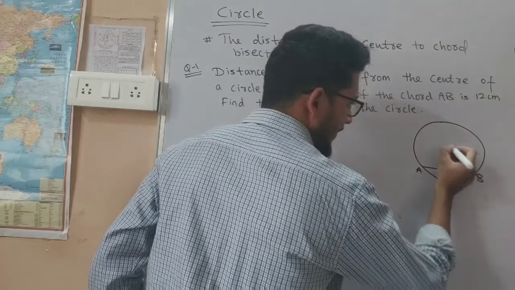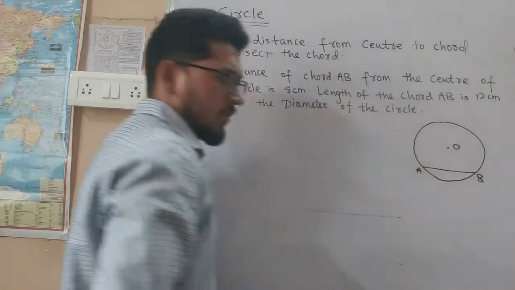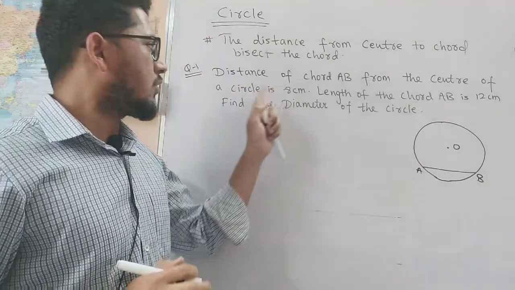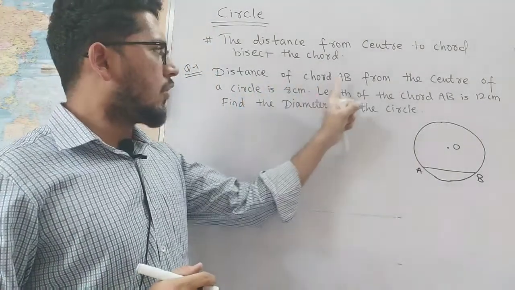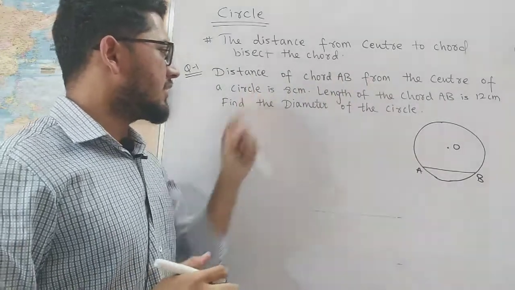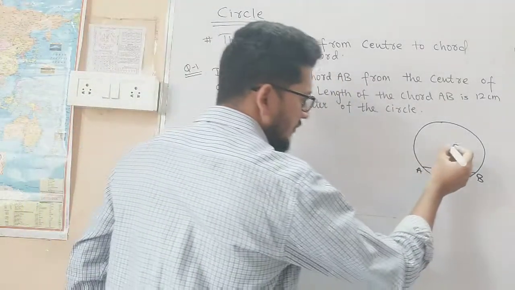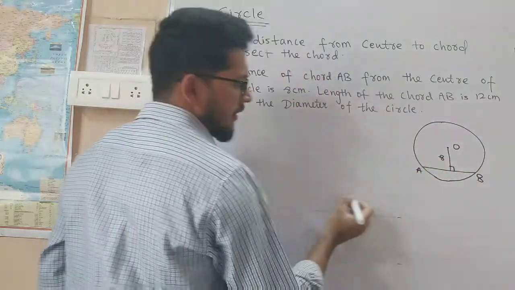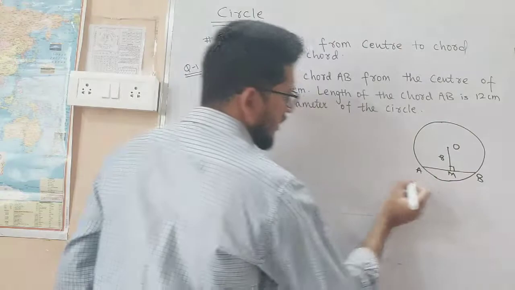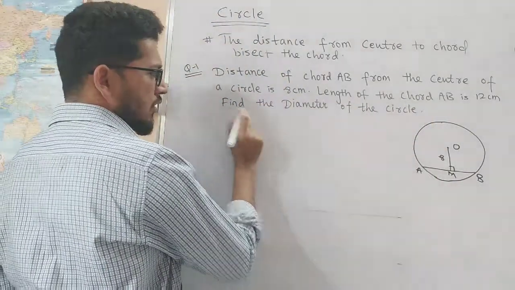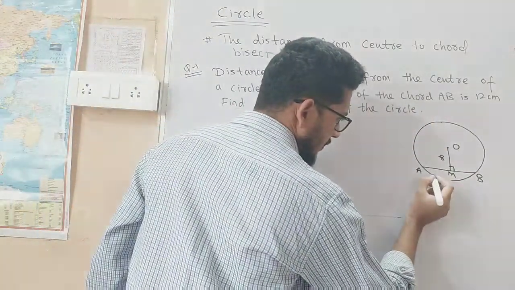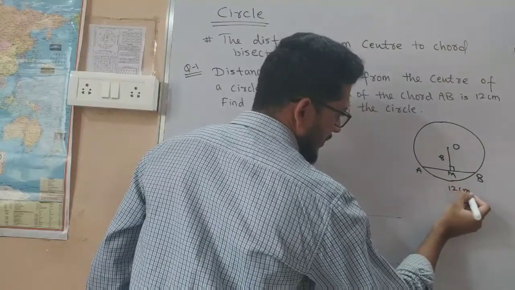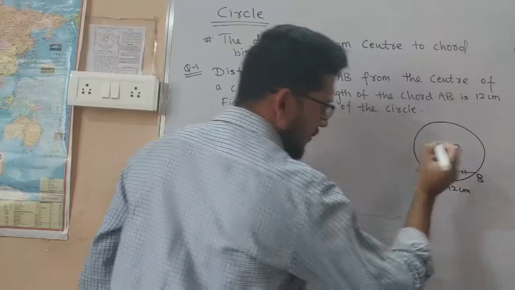The distance of chord AB from the center of the circle is 8 centimeter, which means the distance from the center to the chord is 8 centimeter. Suppose I am taking point M here. The length of the chord AB is 12 centimeter, and this is divided into two equal parts.